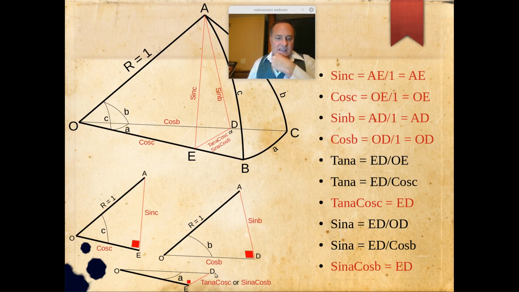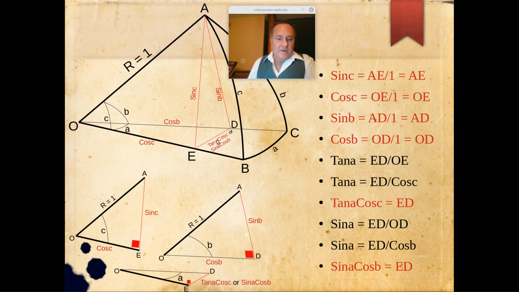So that's ED over OE. But we've already discovered that OE here is also known as the cosine of C from this previous discovery. So I'm replacing OE with cosine of C here, and that allows me to isolate side ED by multiplying both sides by cosine C, and I end up with this value. So length ED is given by tangent A cosine C, and I've expressed that here, and that's up here as well.